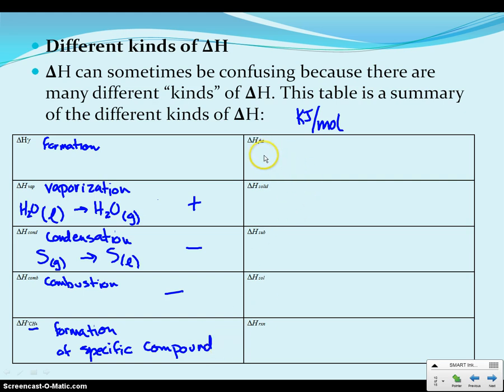Delta H of fusion is what FUS means, and fusion is like melting point. You're going from the solid to the liquid. So going from a solid to a liquid is generally endothermic, so you should generally see positive values for that. Delta H solid, this is your solidification.